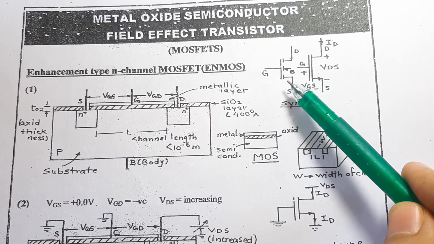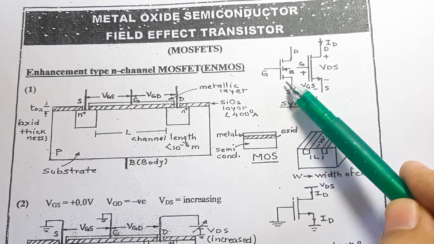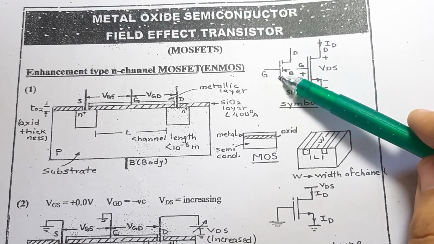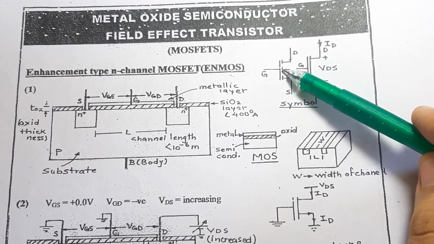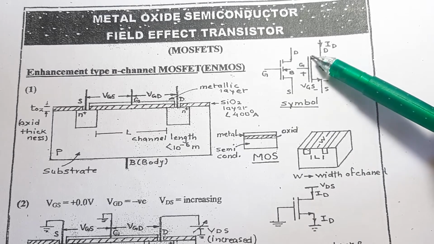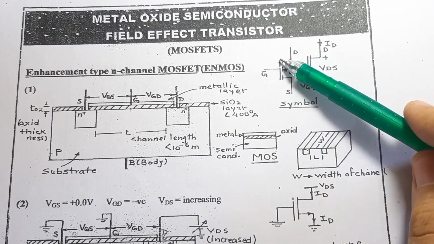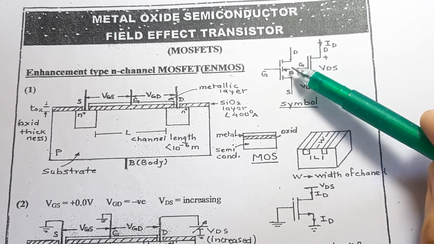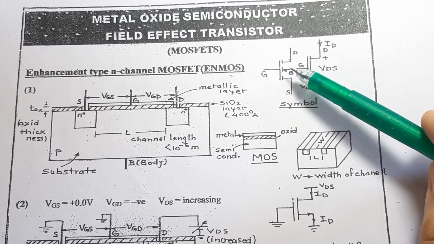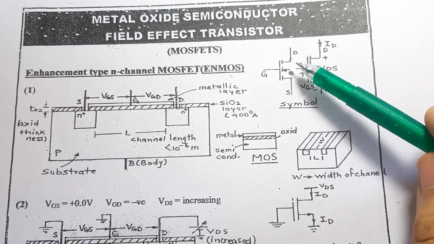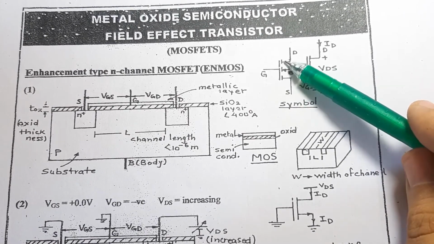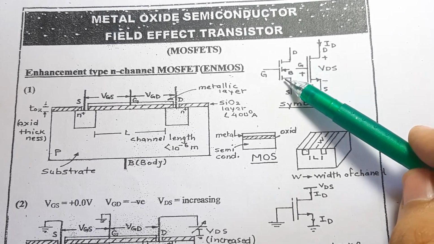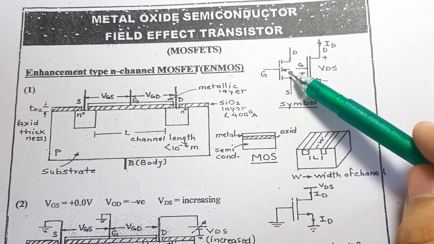Now the symbol for the MOSFET is like this: a straight, continuous line, then you will have three short lines. The three short lines indicate the terminals for gate, drain, and source. The arrow in the three-terminal diagram indicates the body.